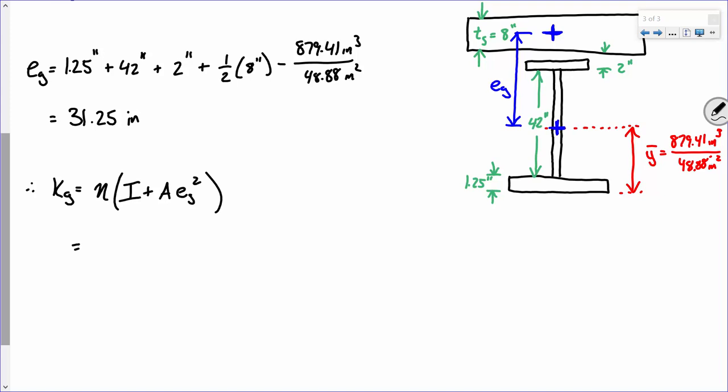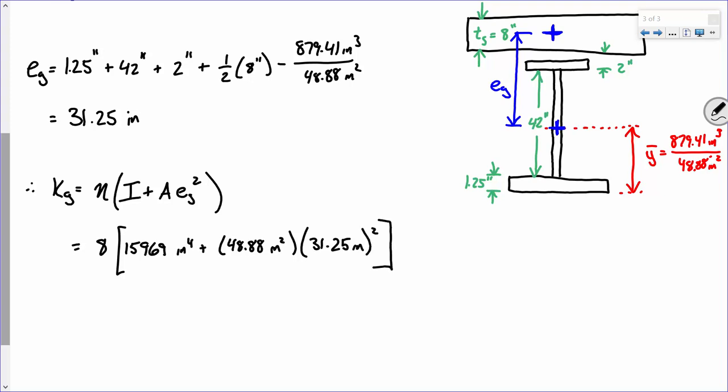So that is 8 times, I'm going to do brackets, what was that, 15,969, and then 31.25 inches squared.